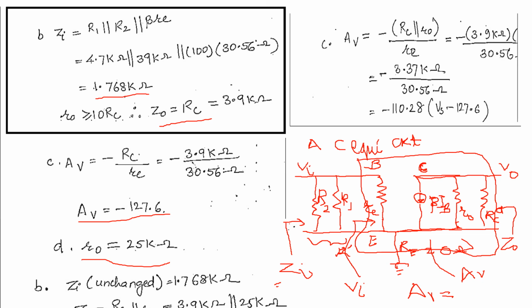Why? Because the current is flowing out of the terminal. Minus beta times IB, since IC is substituted by beta times IB, into the parallel combination of R0 RC. Already we have seen in the output impedance that since R0 is greater than 10 times RC, your output impedance is going to be RC itself.